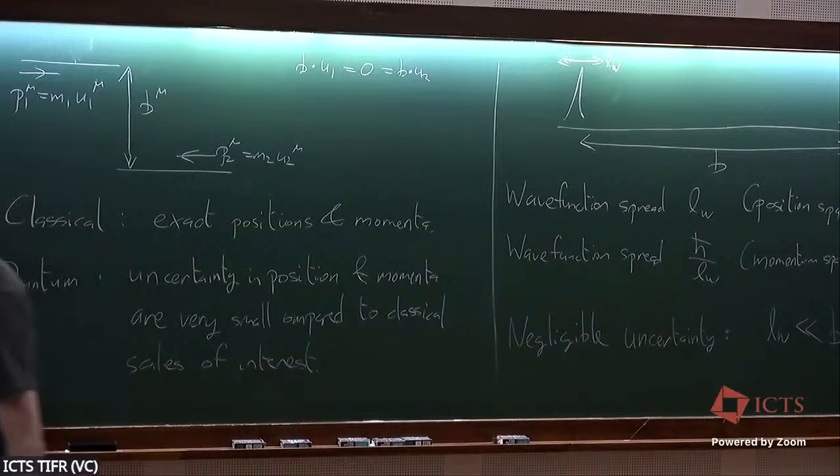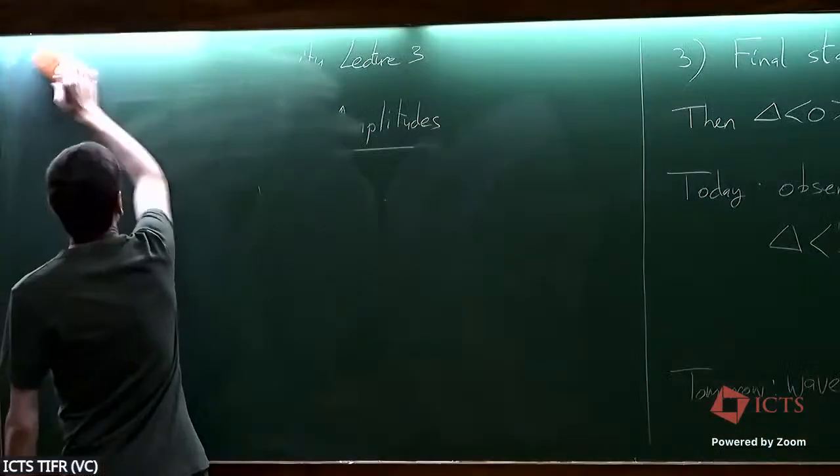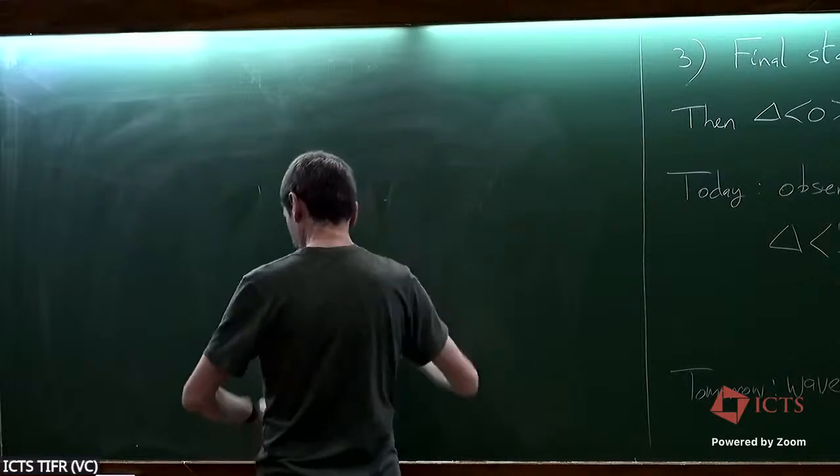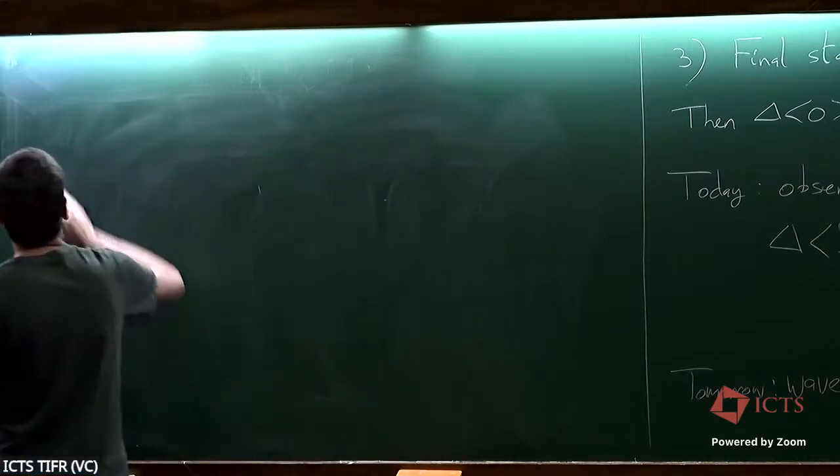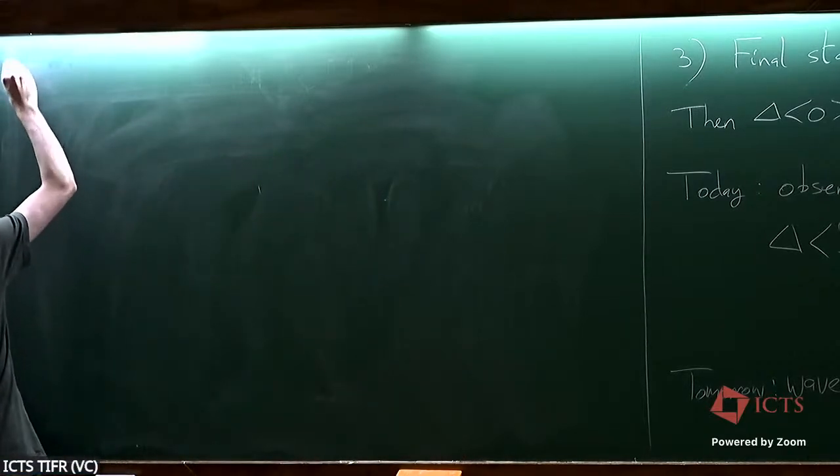Okay, so let me introduce some notation so that we can actually go through the steps to see what the expressions look like for this impulse. We have a formal expression there, but we want something that we can actually compute. So I'll introduce wave packets.